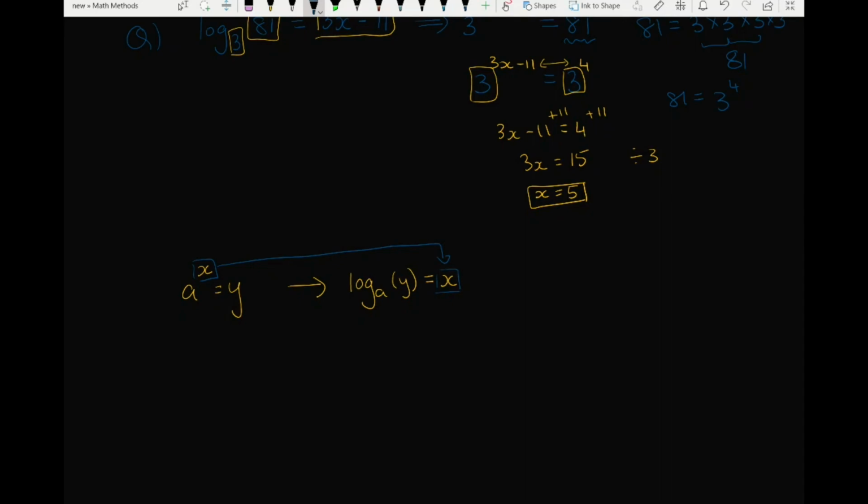And this only holds true when a is greater than 0 and a doesn't equal 1. And because a is greater than 0, a to the power of any x value will always return a positive y value. So our y should also always be greater than 0. In other words, if your y value is negative, you cannot find the log of that.